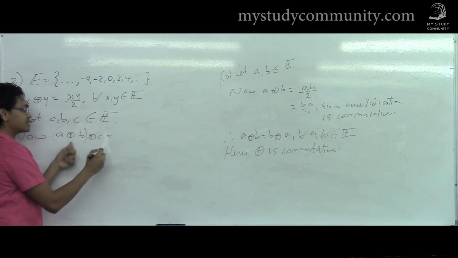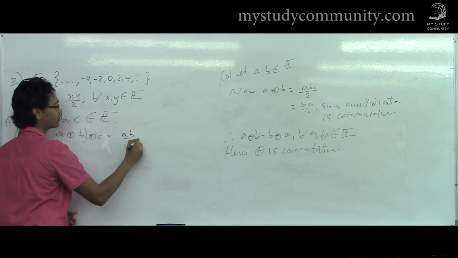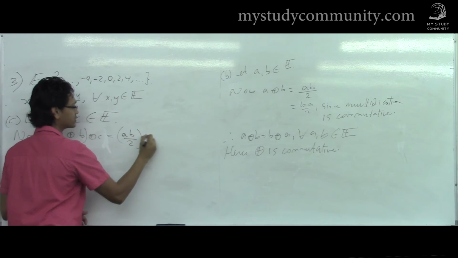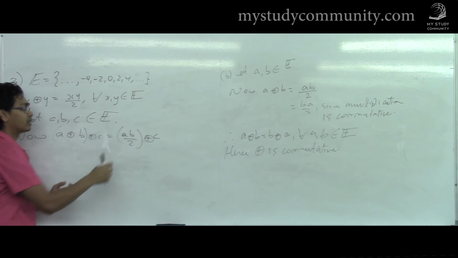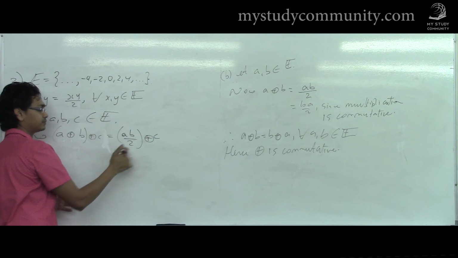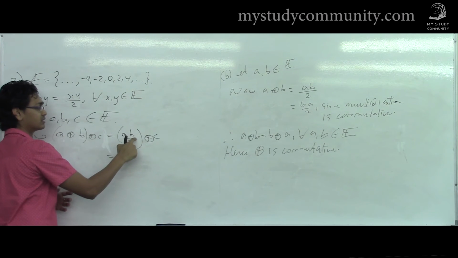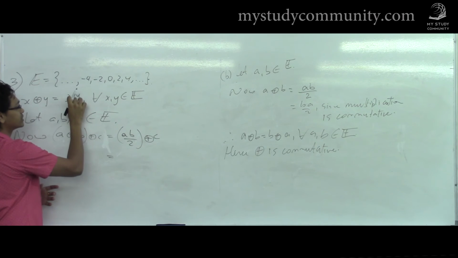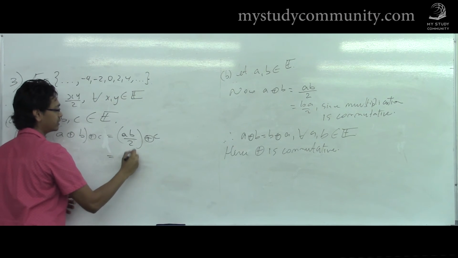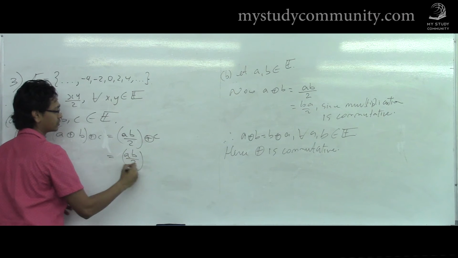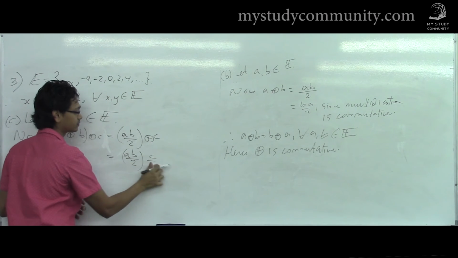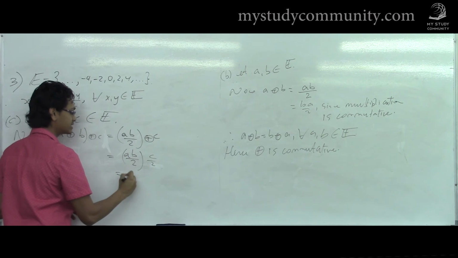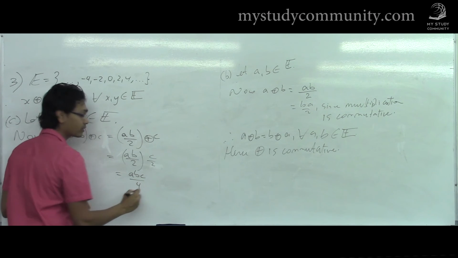So A circle plus B is A B over 2. And this will be circle plus with C. Yes? And remember, this is just a term. So this gives my first term, A B over 2, by my second term over 2, which is C over 2, which is A B C over 4. Yes?